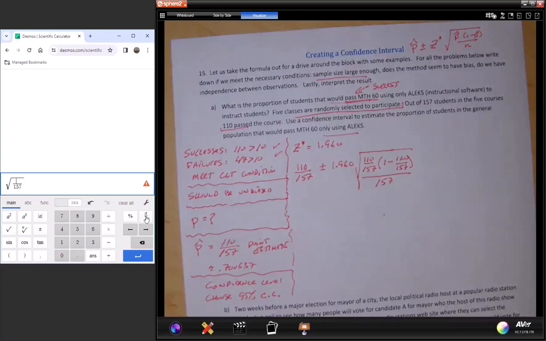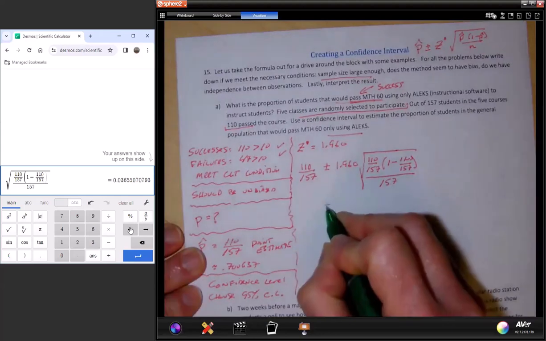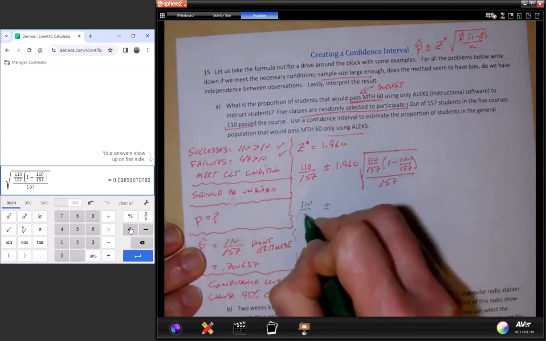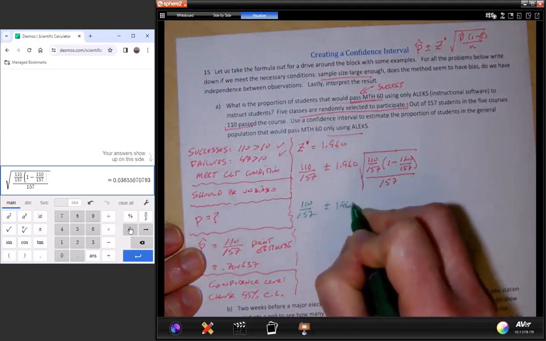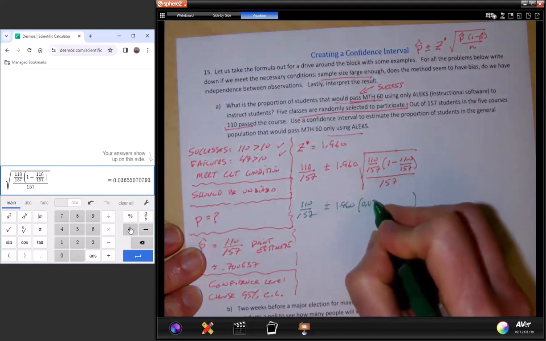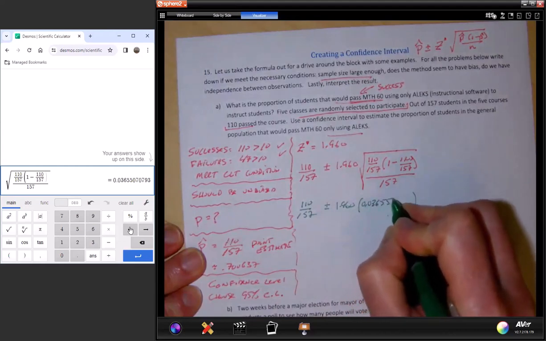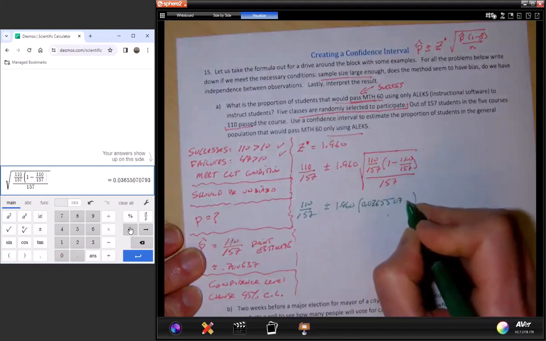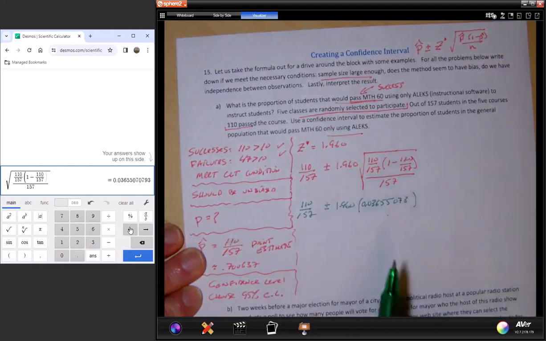But the numerator consists of 2 other fractions, 110 over 157, and then 1 minus the other fraction, 110 over 157. Plus or minus, I'm going to leave this as a fraction here, 1.960, and this is times this value, 0.0365507, and I'm going to just stop there.